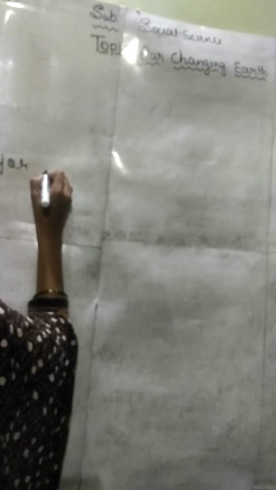In today's class, students, we are going to learn about the continuation of the chapter about the changing earth. So let us study the major landforms. In the major landforms, we see two processes here.